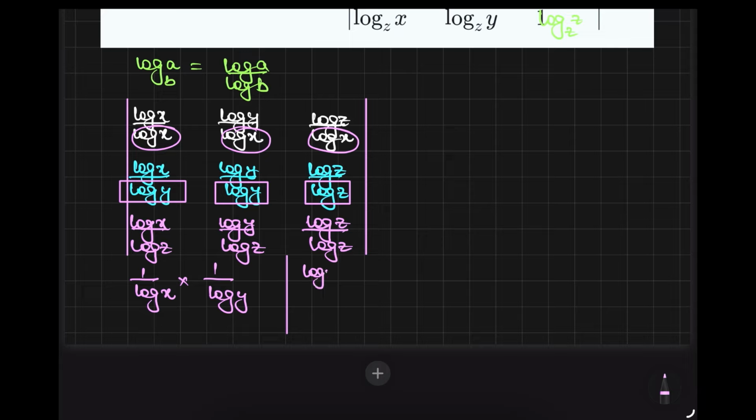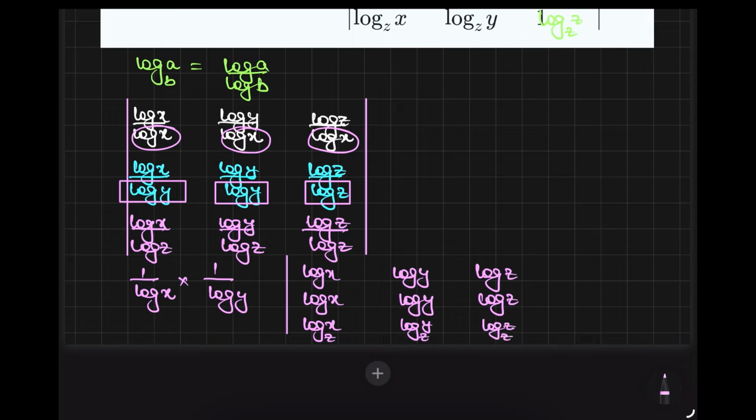So we got log x, log y, log z on the numerator, and the same thing over here, log x, log y, log z. And the third row you can ignore, so it is log x base z, log y base z, log z base z.